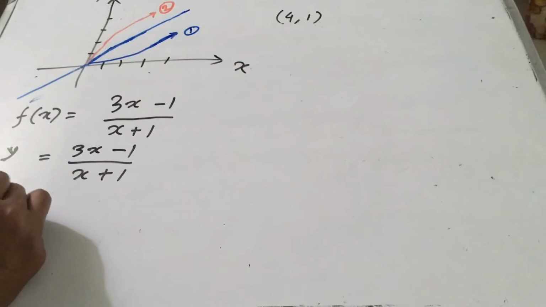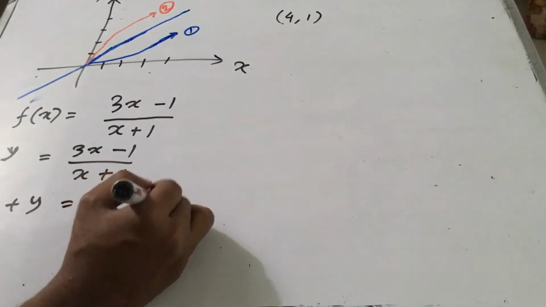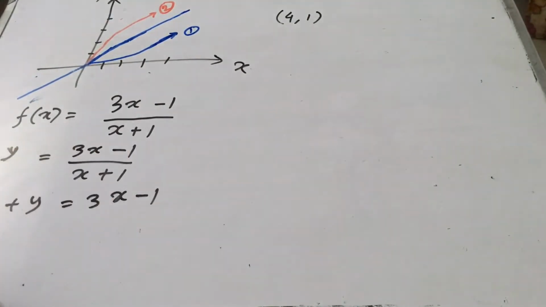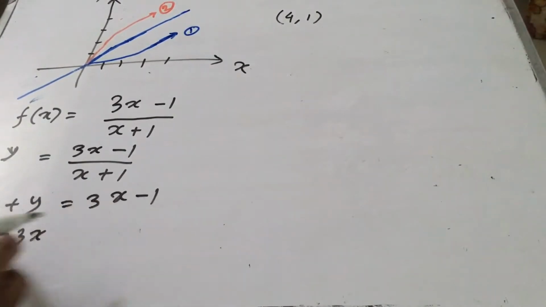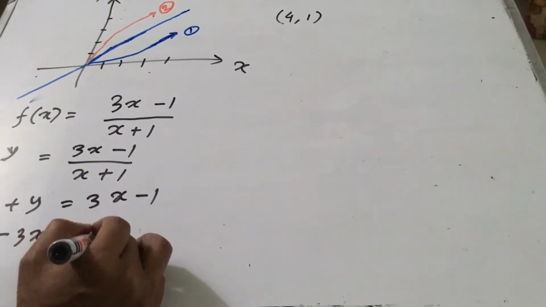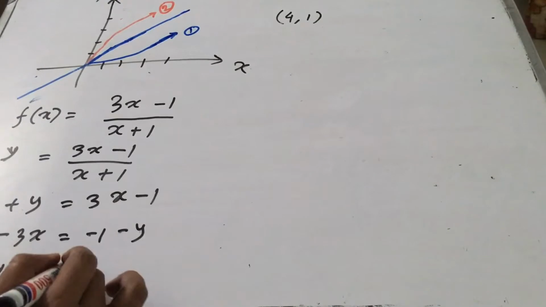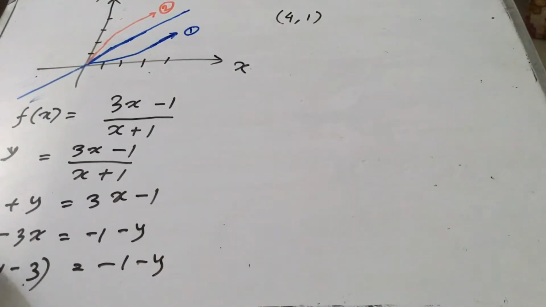So it will be xy plus y equals 3x. I'm just doing some cross multiplication: this into this equals this, and this is remaining there. Then xy minus 3x, I'm just bringing it here, equals minus 1 minus y. Now we can take x common, so it becomes x(y minus 3) equals minus 1 minus y.